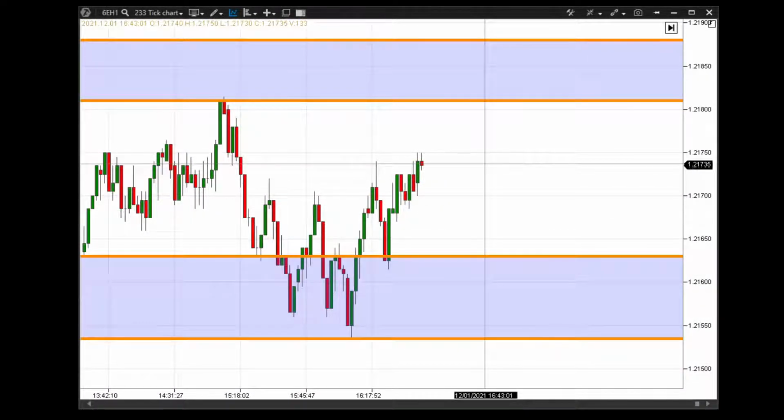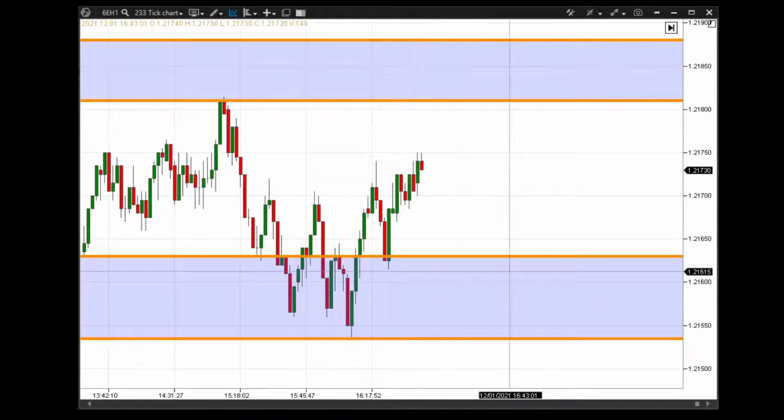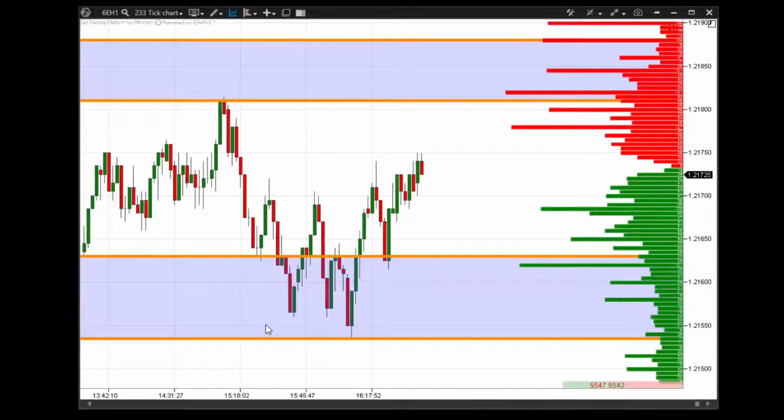Okay, so how do we know that there are actually pending orders in any of these zones right here? So let's add an indicator that I removed previously. Let me just look here. You can see a lot of indicators we may have.